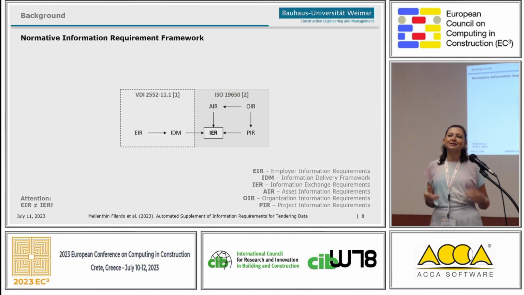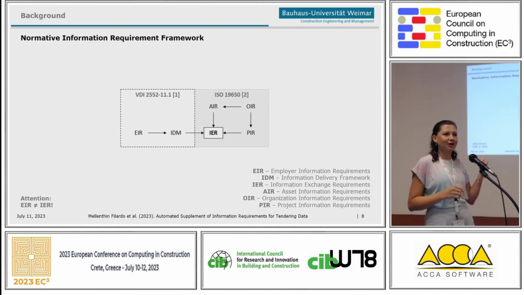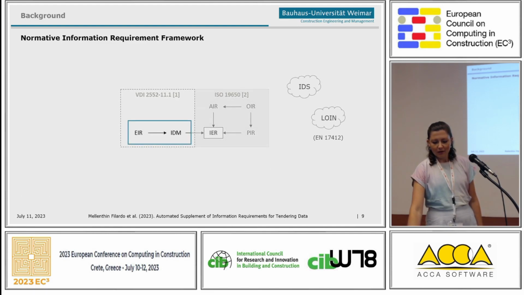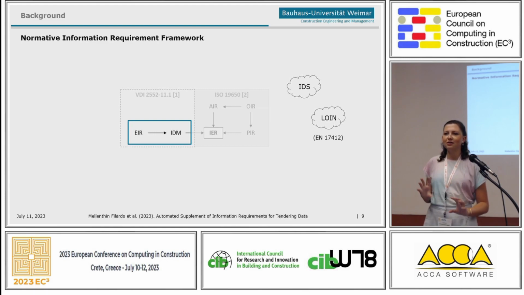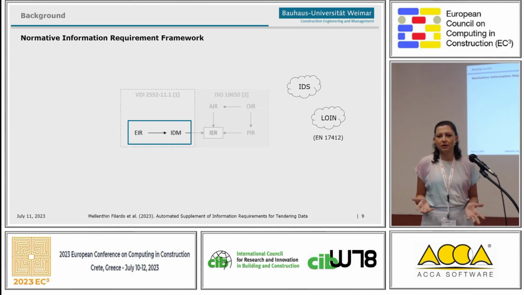In the end, all those requirements would end up in those IERs, which are the ones we are trying to use in this case study to make machine-readable requirements. Beyond that, we have IDS and level of information need that we are not addressing in this project, simply because we work with Revit, which covers 80% of the market.